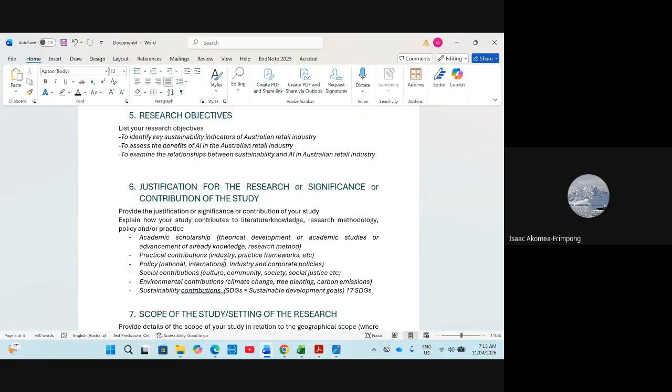Therefore, if you want to go by the word contributions, go by contributions. If you want to go by implications, go by implications, so that anyone who is going to examine your work will not question you.